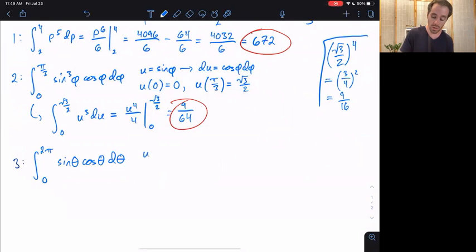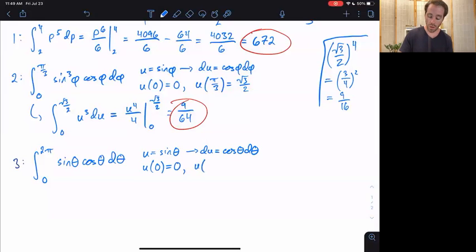Let's say u equals sine theta, and then du would be cosine theta d theta. Once again, this is already present in the integrand, so this right here is du, and that should be good enough. Now for the bounds, u of 0 is 0, and u of 2 pi.